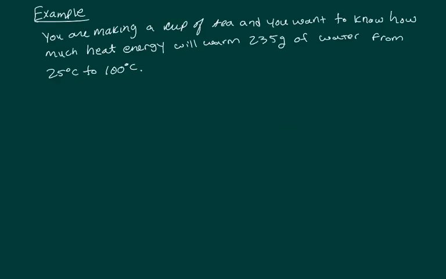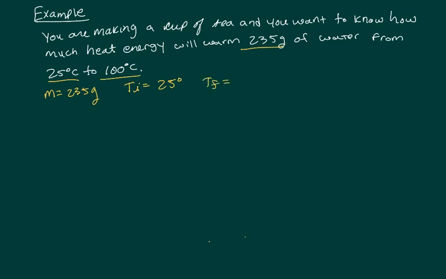Okay, so you are making a cup of tea and you want to know how much heat energy will warm 235 grams of water from 25 degrees Celsius to 100 degrees Celsius. Okay, so let's always write our givens, always, always, always. So we have our mass here of 235 grams. We have our initial temperature, because it says from 25 degrees Celsius to 100 degrees Celsius.